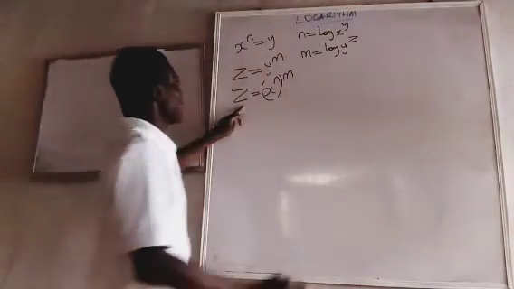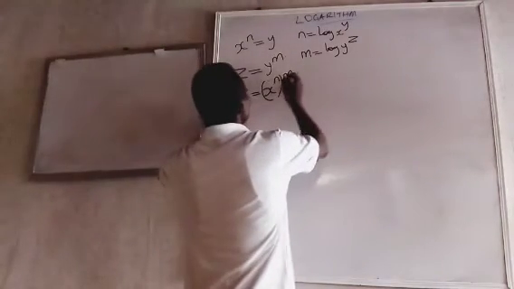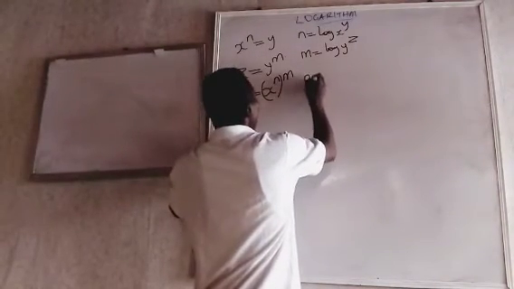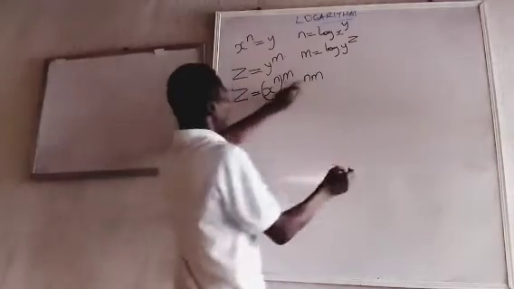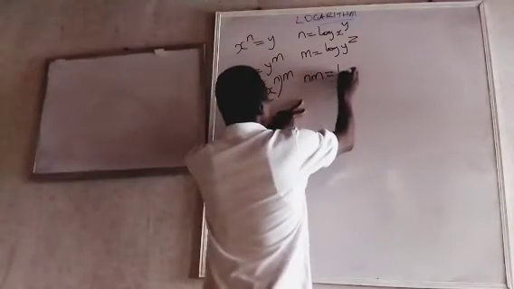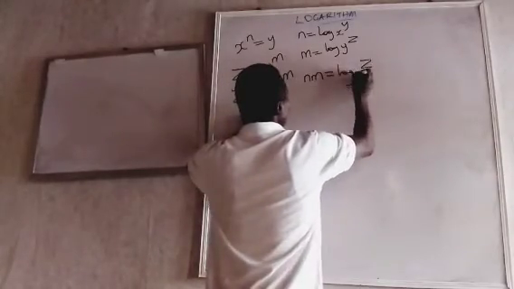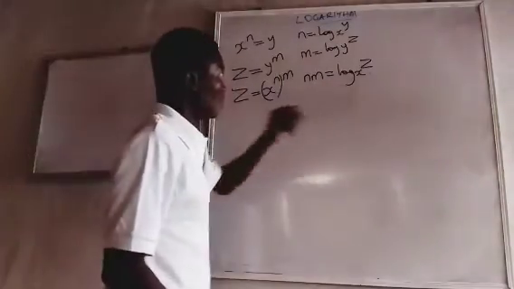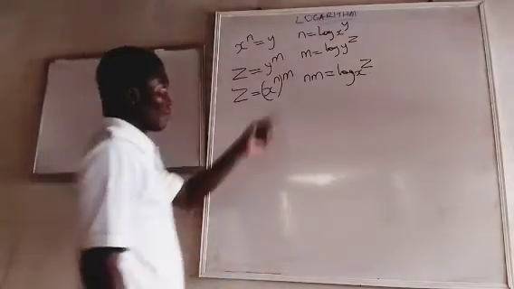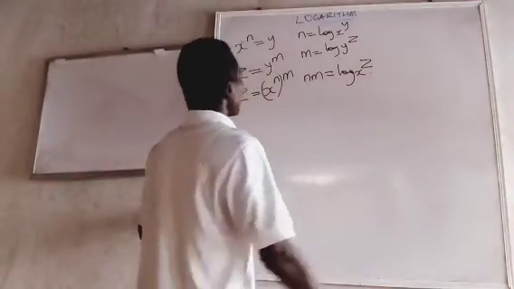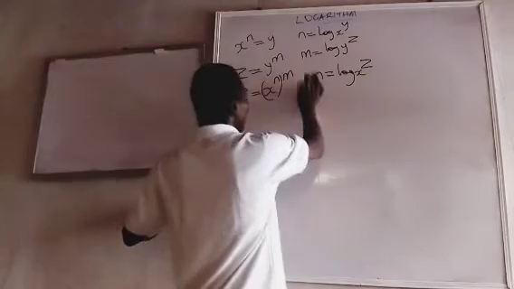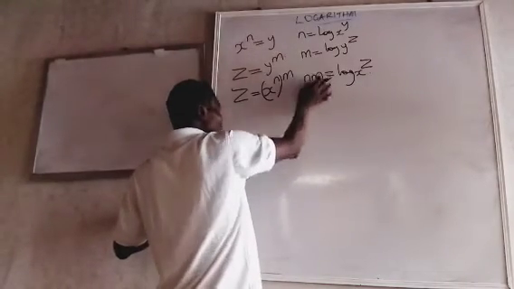So from here we can say that nm is equal to log z to the base of x. Now you can see that this is n, this is m. Let's bring it in.